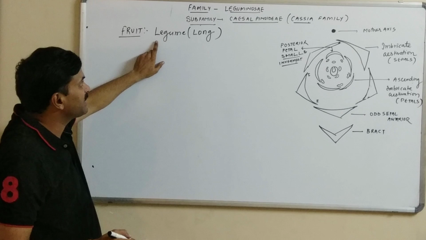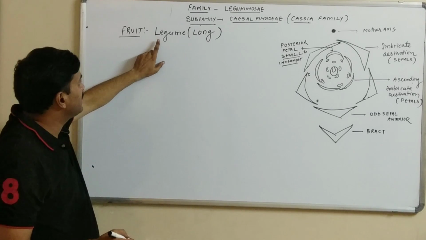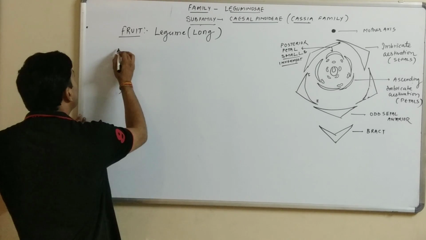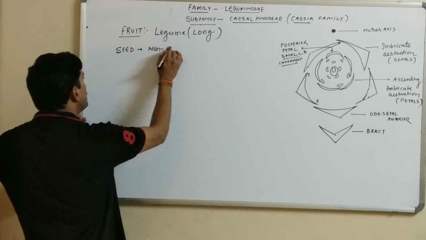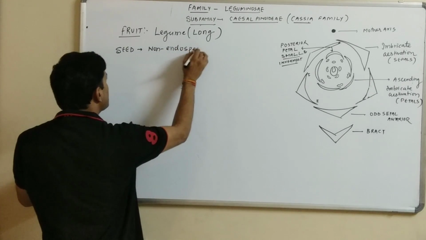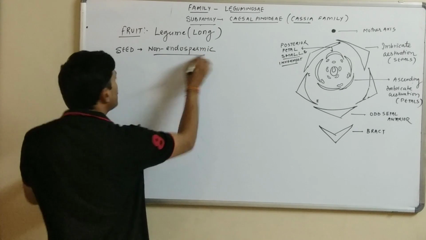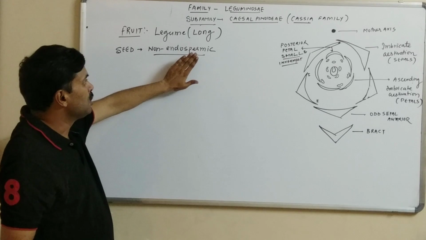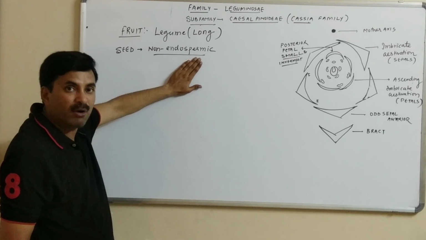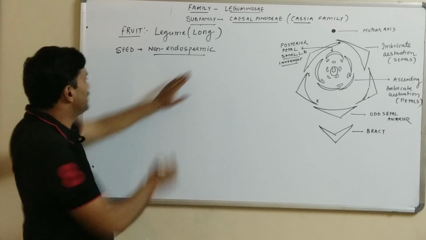It is the feature of the Cassia especially that it is very long. After the fruit we come to the seed. The seeds are non-endospermic, means the seed does not consist of endosperm. The whole of the endosperm is utilized in the embryonic development. You can also call it non-albuminous or exalbuminous.